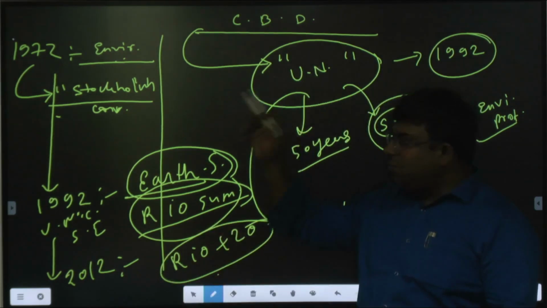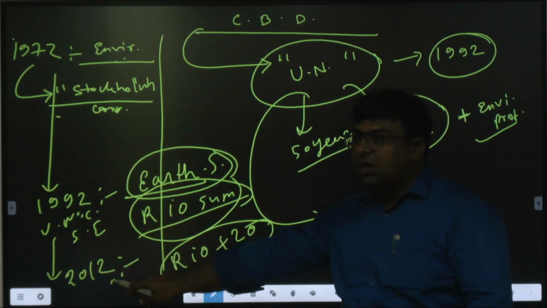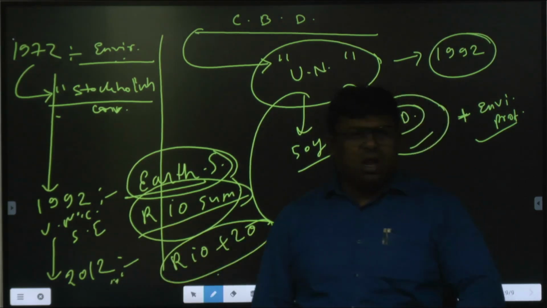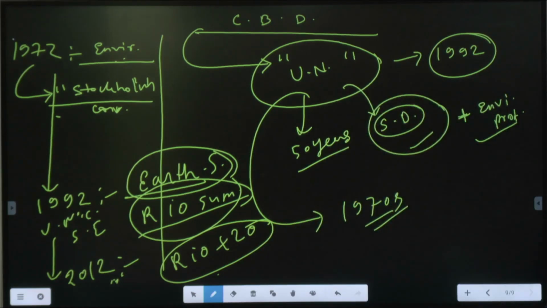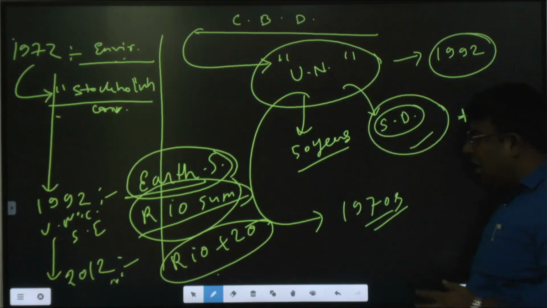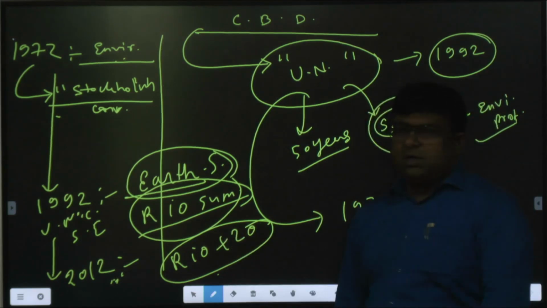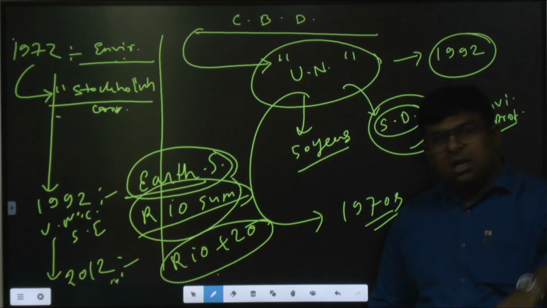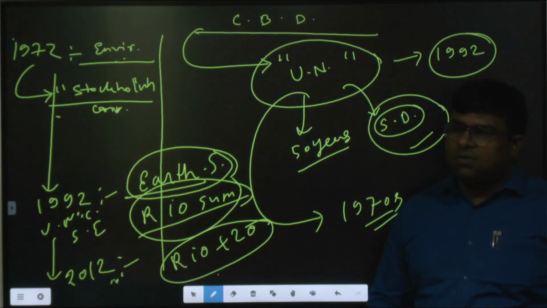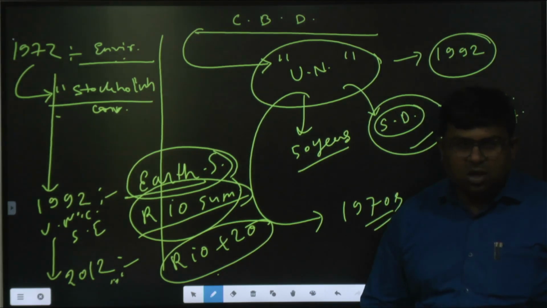This name became popular for that convention of which year? 2012. Entire crowd tried to read that convention under the title of Rio Plus 20. It was organized there. These were the outcomes of Rio Plus 20 convention.